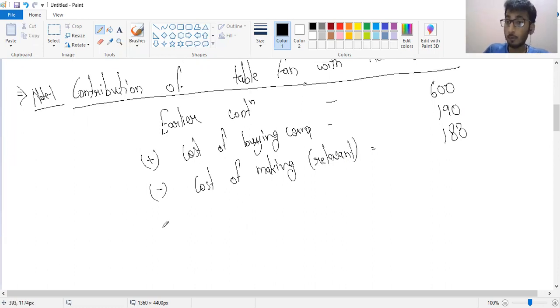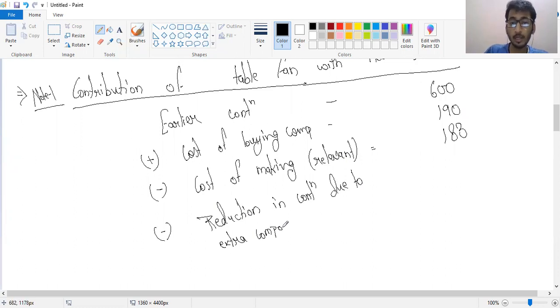Okay, there would be one more thing: reduction in contribution due to extra component. So basically it is given that since we are manufacturing the extra components, we need to reduce our selling price.